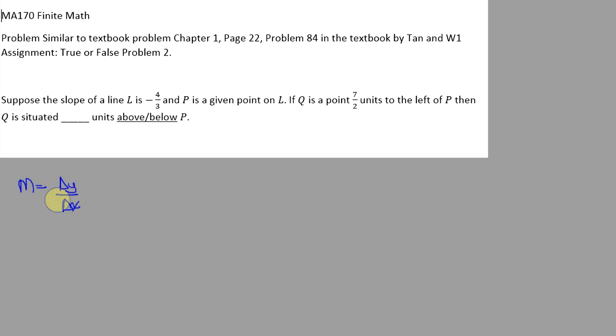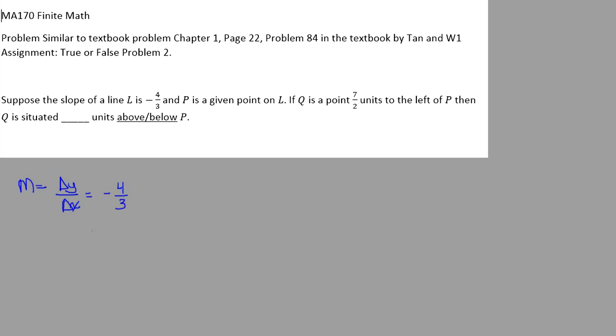Remember that these symbols, delta y and delta x, just mean change in y and change in x, and you treat these as a single variable, even though they're two symbols. But we actually know what that ratio is because given in the problem, it's minus 4/3.